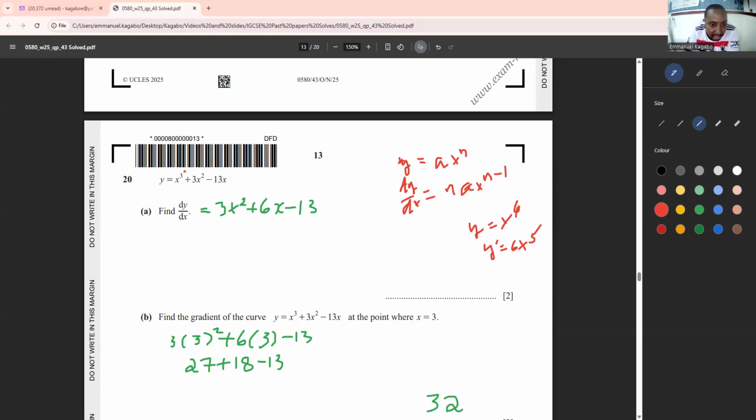So this is x power 3. You bring 3 in front, you do minus 1 on the power, gives you 3x squared. You get 3 times 2, gives me 6x. 2 minus 1 gives me power 1. The minus 13x here, the power is 1. If I multiply 13, I'll get 13. And 1 minus 1 will give me 0. And any non-zero number power 0 equals 1.